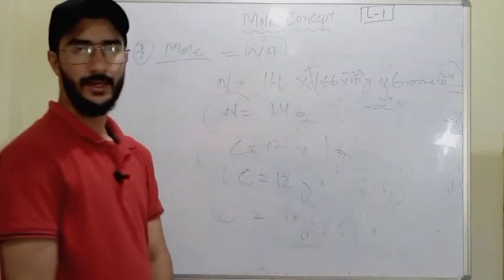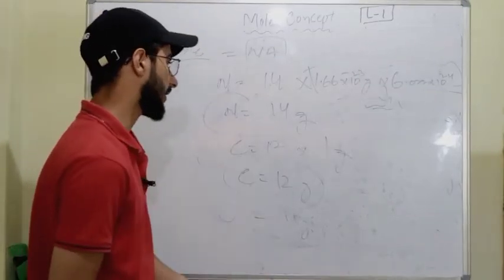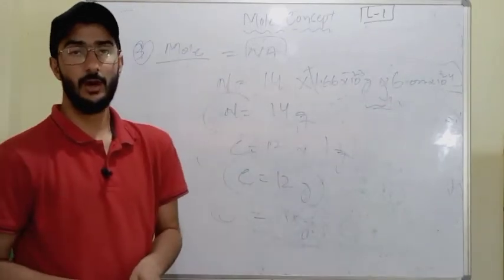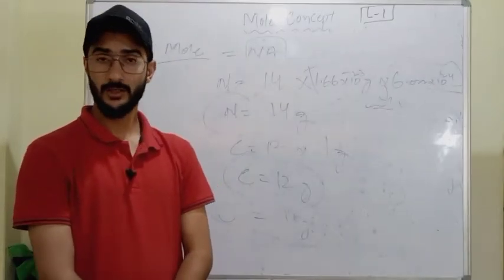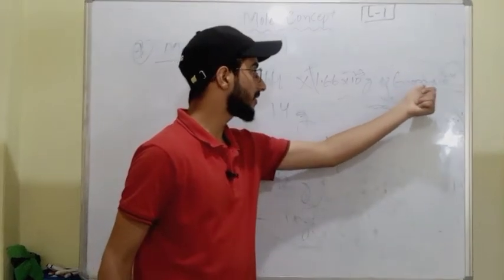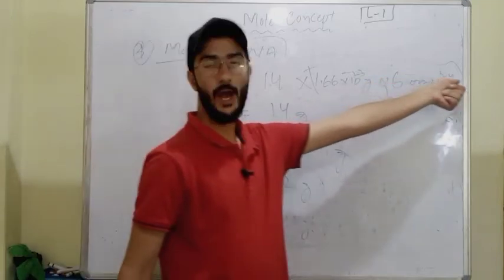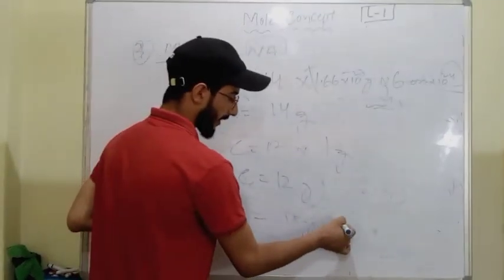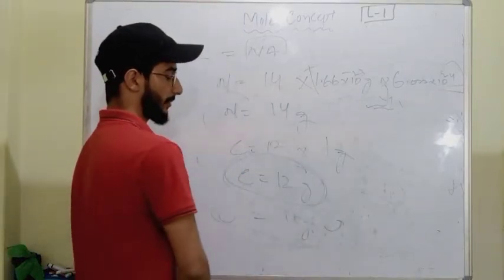For other elements, we have already calculated the atomic mass in AMU, and we have only changed AMU to grams. The great difference is that we are calculating it for 6.022 into 10 to the power 23 atoms.